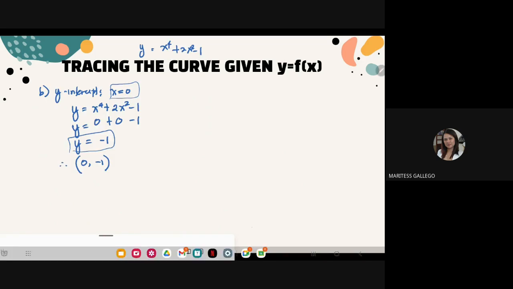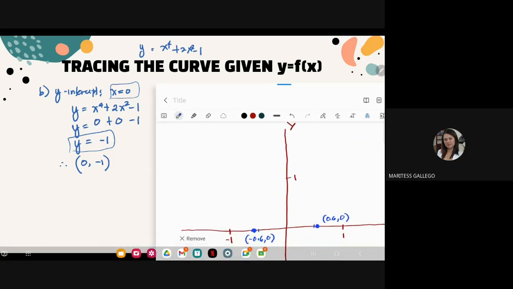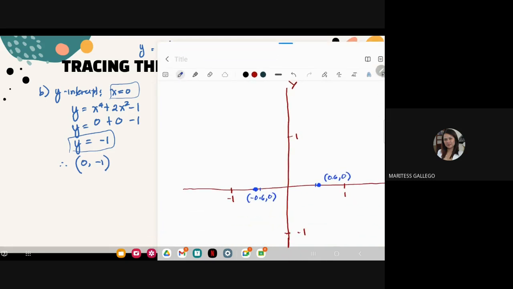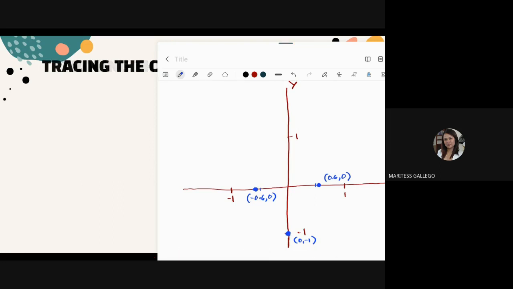Ayan, nag-move na siya. Okay, so yung y-intercept naman natin is the intersection of the curve to your y-axis, 0, negative 1. So, ibig sabihin nandito ang 0, negative 1. Okay? So, yan pa lang yung points na nakikita natin. So, ano kaya ang magiging graph yan? But we know that your graph will rise to your first and second quadrants. Additional points tayo. That is your step 4.